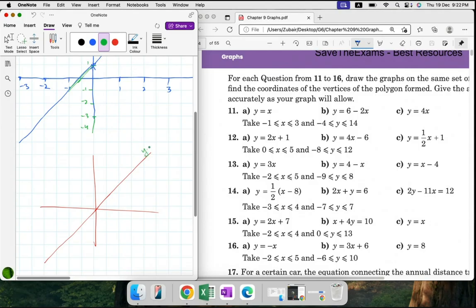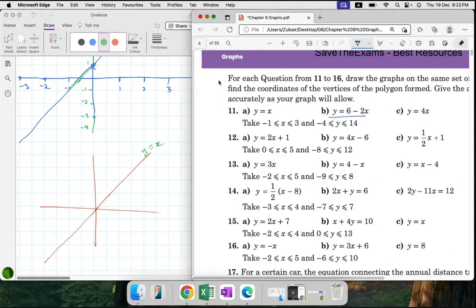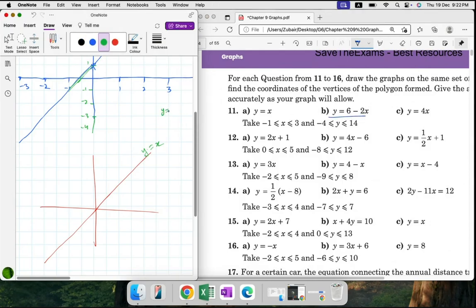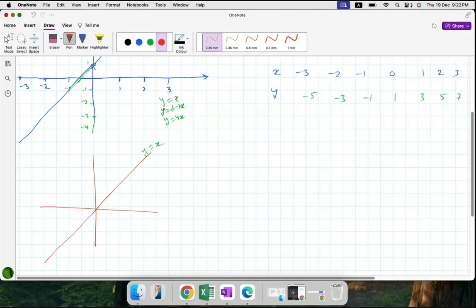This is y = x. The second says y = 6 - 2x. And the third one is y = 4x. Okay, now y = x is done. This is y = 6 - 2x. I can see that the gradient is negative, so the line is not in this direction but in this direction. That's negative, and that's positive.